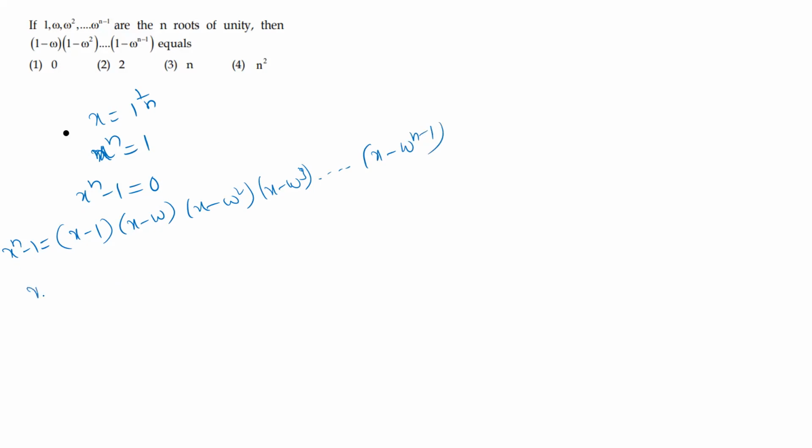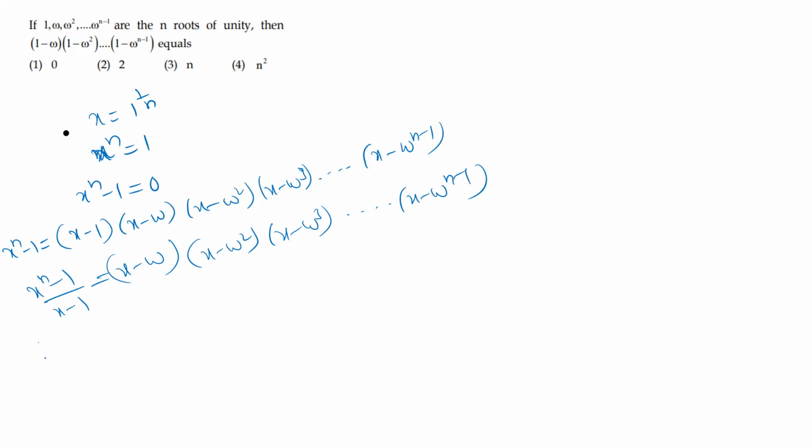Divide this by x minus 1: x power n minus 1 by x minus 1 is x minus omega, because this is the actual expansion, x minus omega square, x minus omega cube, and so on, x minus omega power n minus 1.